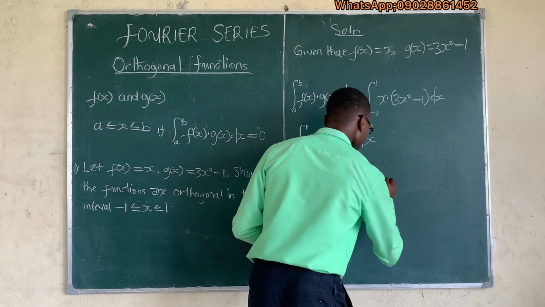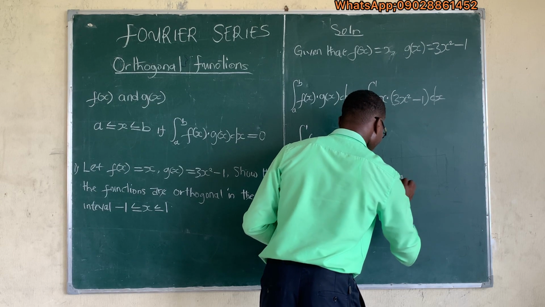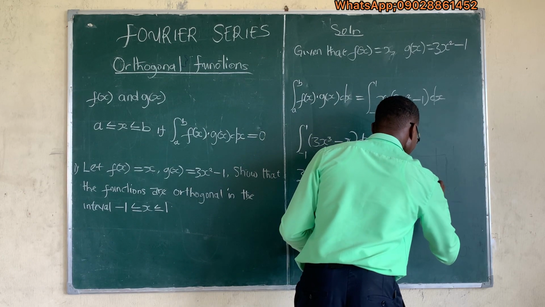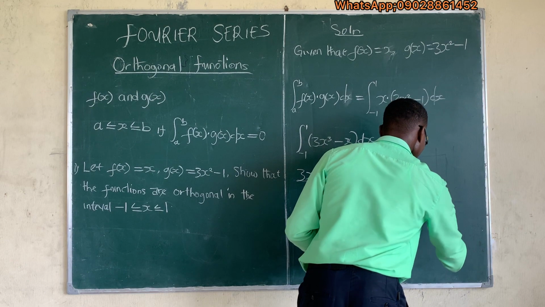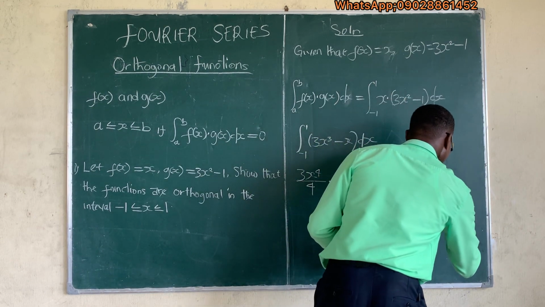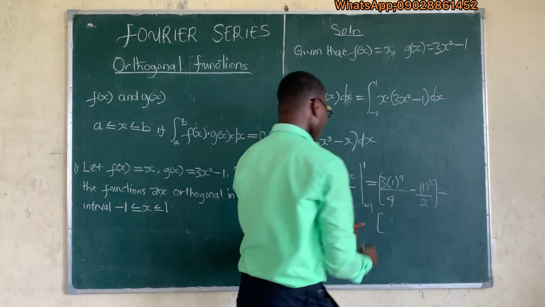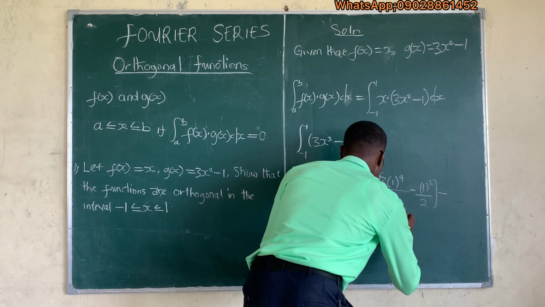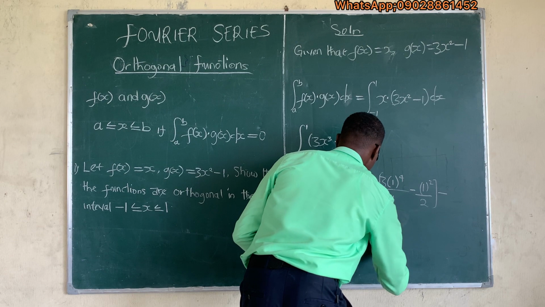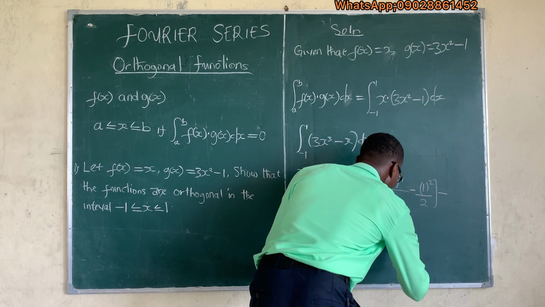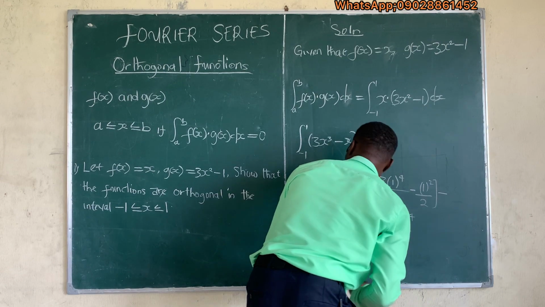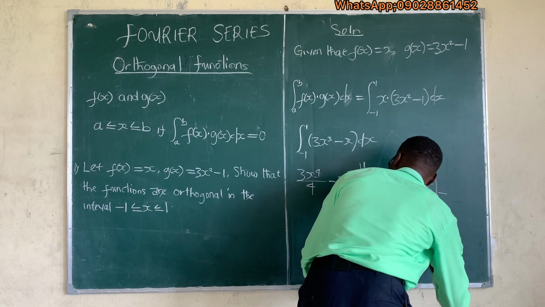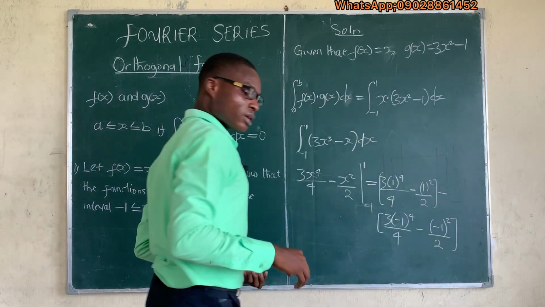We are going to have 3 into 1 to the power of 4 over 4 minus 1 to the power of 2 over 2, minus, substitute the lower limit, 3 into minus 1 to the power of 4 over 4 minus minus 1 to the power of 2 over 2. So let's evaluate and see what we have.